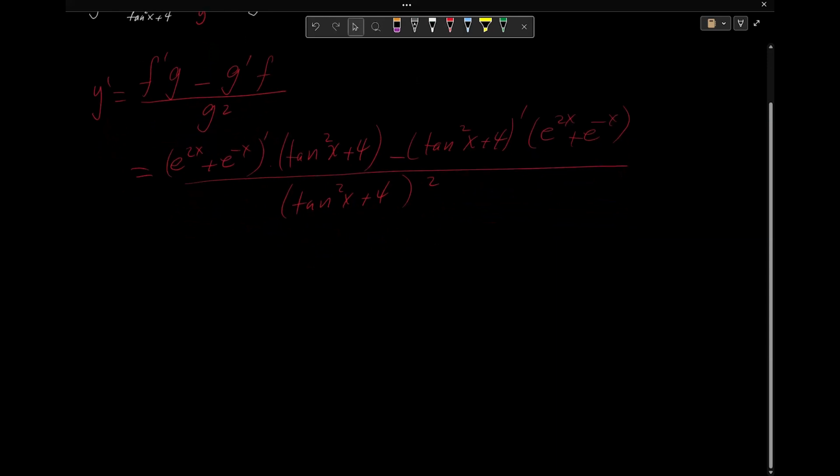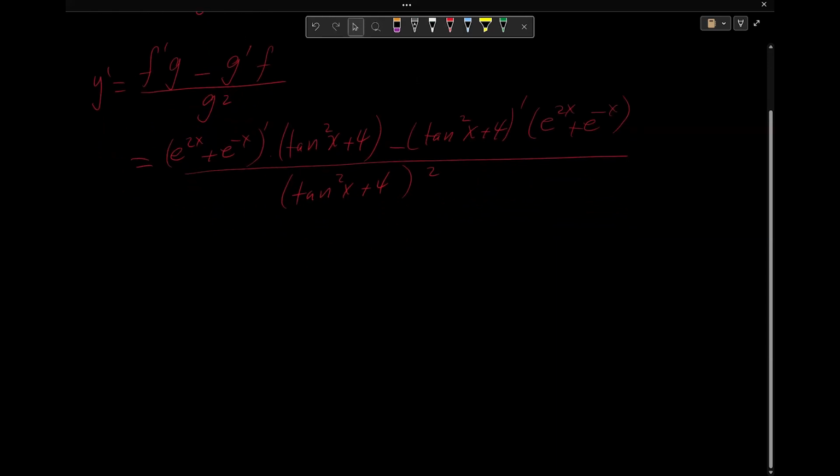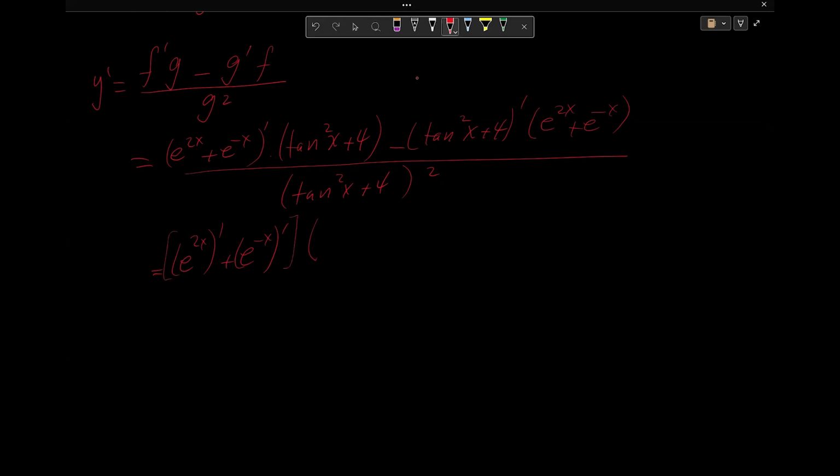All right. So what's the derivative of the top? I mean, this one right here. This is basically the derivative of e to the 2x plus the derivative of e to the negative x. They're individual derivatives. Here's tangent squared x plus 4. Remember, in the previous video, we had cosine squared of something. So this is the same as tangent x squared.